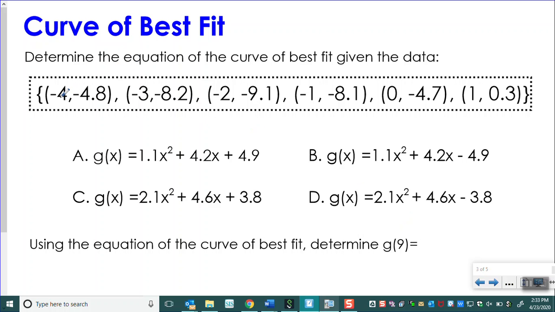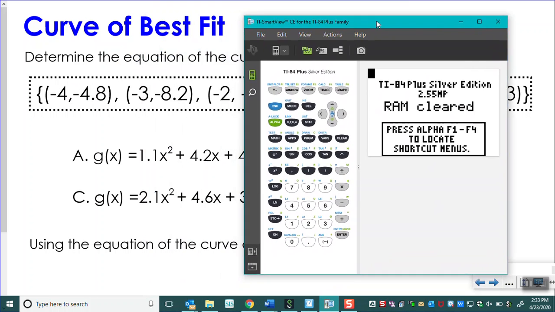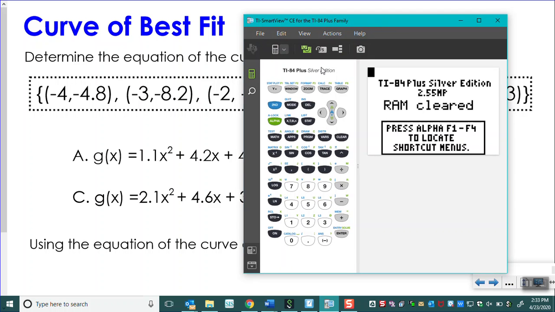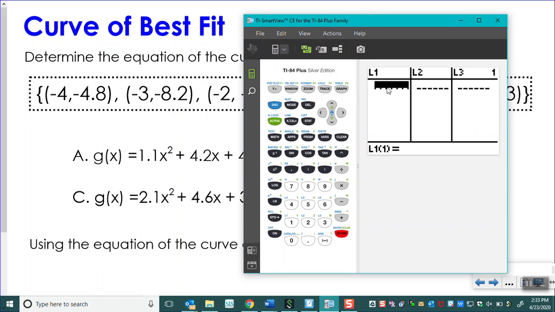So here we have our data set, and we are going to start by entering that into the calculator. So I have my calculator here, it's already cleared. And again, we're going to go to Stat, and then we're going to take option 1, that edit. And in L1, I'm going to put my X values.